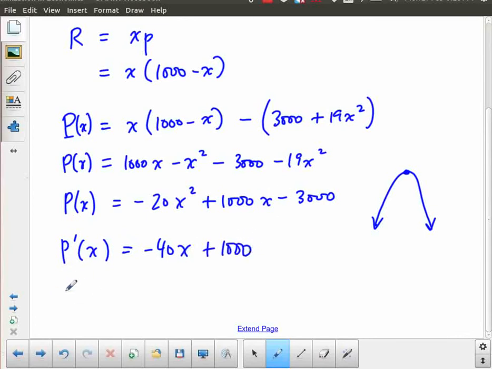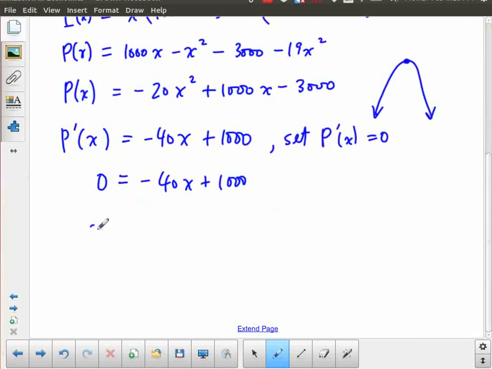Now we set P prime of x equal to 0. So 0 equals negative 40x plus 1000, and that works out to be x equals 25. Once again, we've got our solution. We know that this is the maximum, but we really do need to check our boundaries.